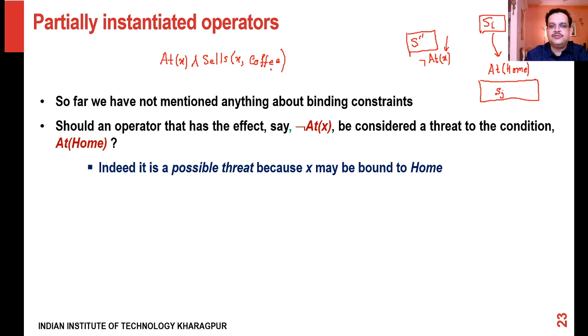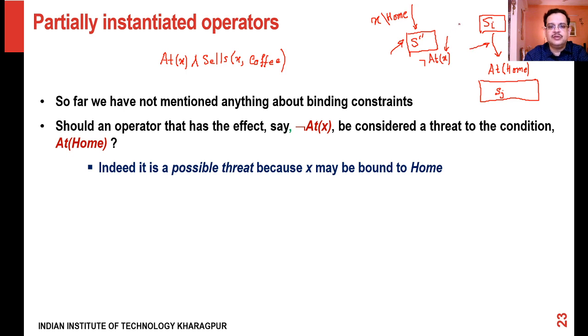Now at that point of time, are we going to treat this S dash, for example, the S dash here, to be a threat to this link? And the answer is yes, because later on we may use a binding before this action where X is replaced by home, and when that happens, then this is going to turn out to be a threat.